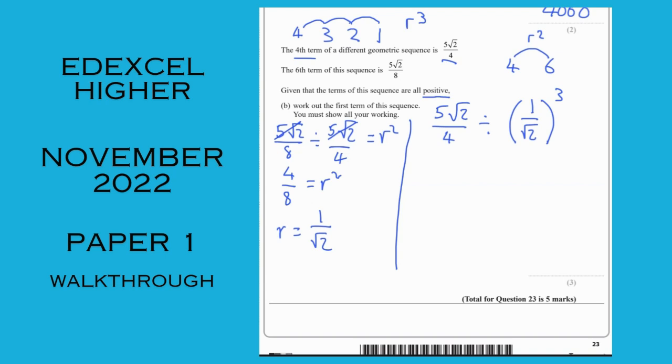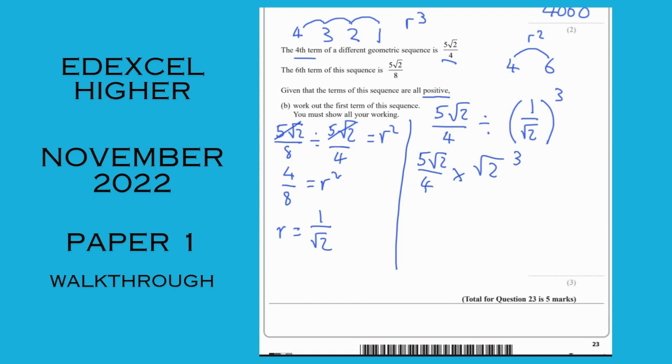Let's not worry about that because we're about to flip it. So 5 root 2 over 4, that stays alone. Divide means multiply by the reciprocal, like so.